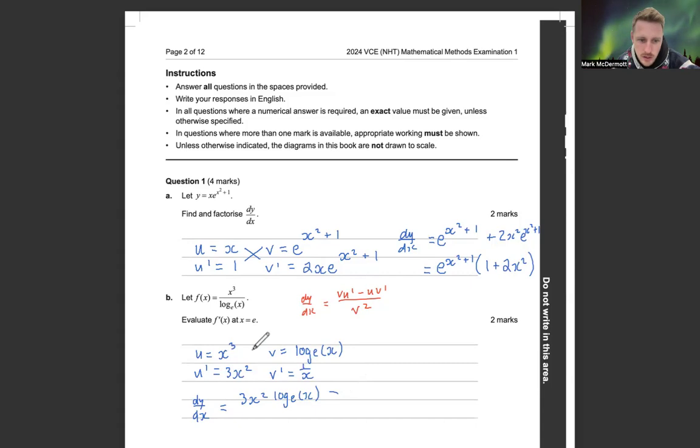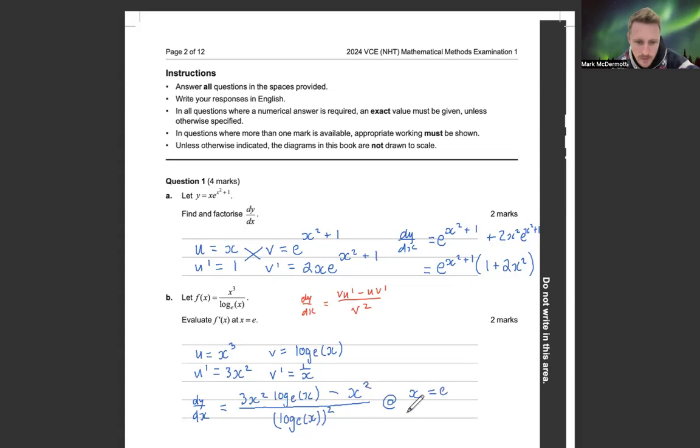So u v dash would be x cubed times 1 on x, which is just x squared, all divided by v squared. V is log e of x all squared. So we're going to get log base e of x all squared. And then we need to evaluate that at x equals e.